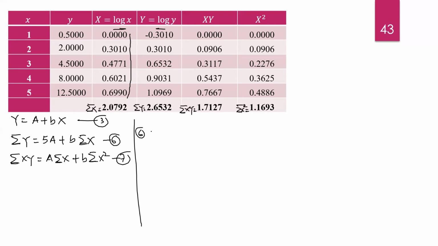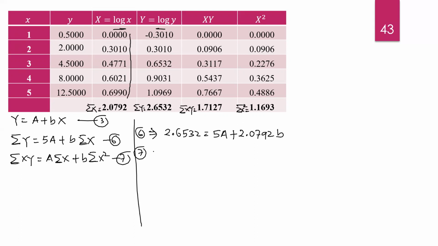Then equation 6 becomes: summation Y is 2.6532 is equal to 5 times A plus summation X, which is 2.0792, into b.